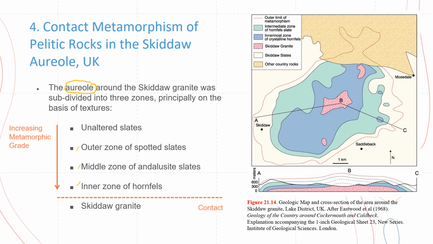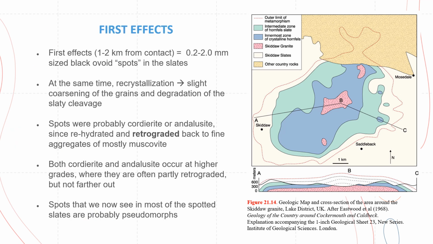And this is arranged in increasing metamorphic grades. So we have our unaltered slates, which has metamorphosed into the outer zone of spotted slates. We have our Andalusite slates and the inner zone of hornfels, closest to the Skiddaw granite. Let's go through the different zones one by one.